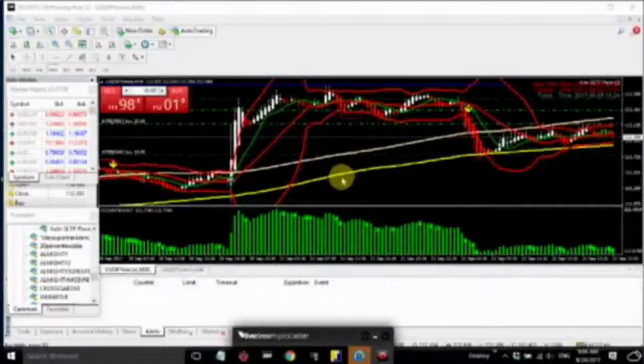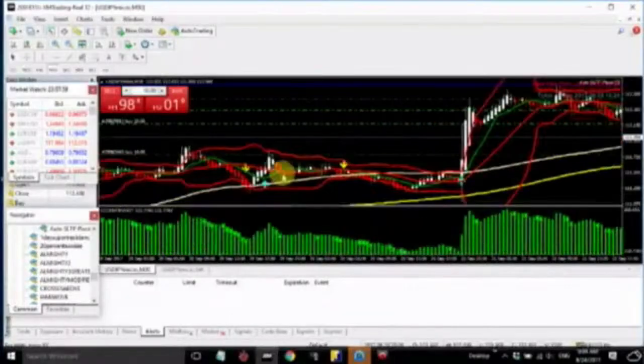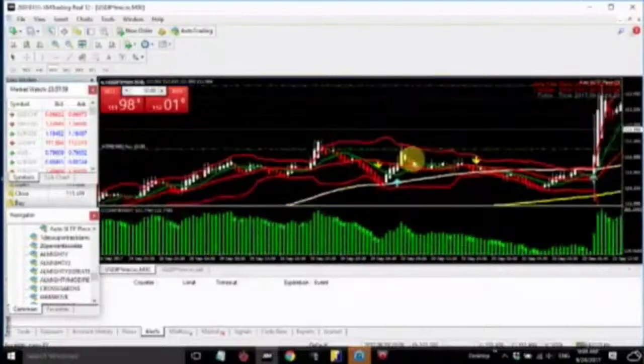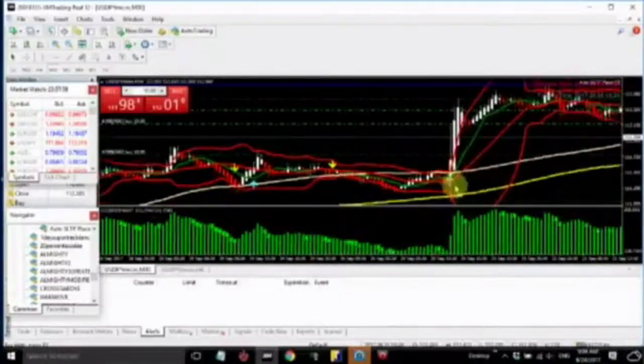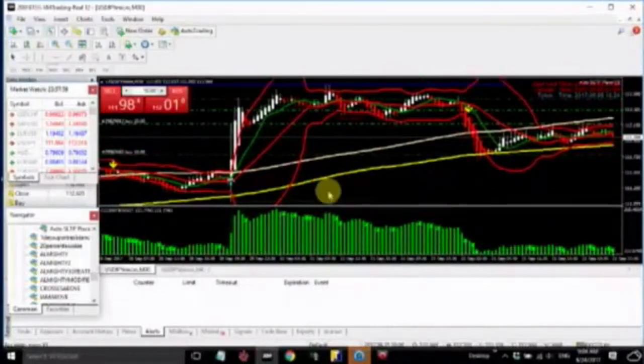When you take a look at the price, you see that the price separates from the moving average 200 and later comes back to the moving average 200. When you're using the 15-minute chart or 30-minute chart, the price separates from the moving average 200 but must surely come back to it.